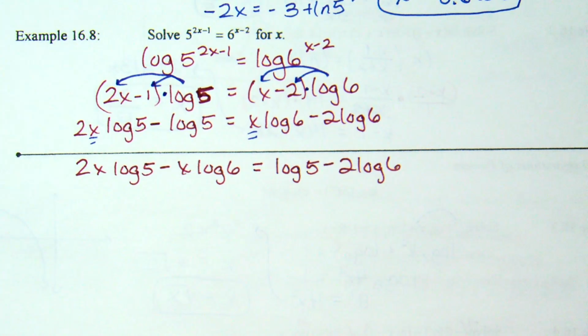So do I have my x's on the same side? Yep. What's that next step? They combine the logs into a division thing. I really like seeing things, I don't know the word for anything.